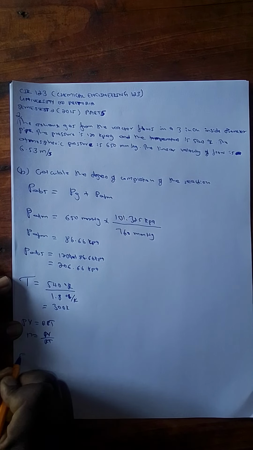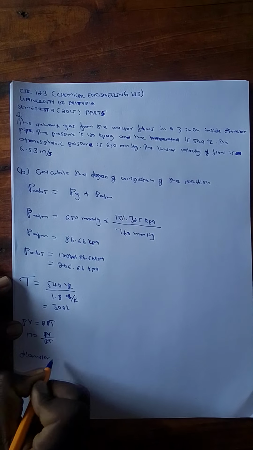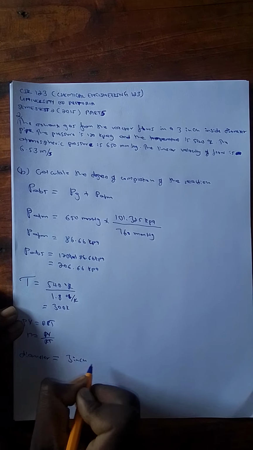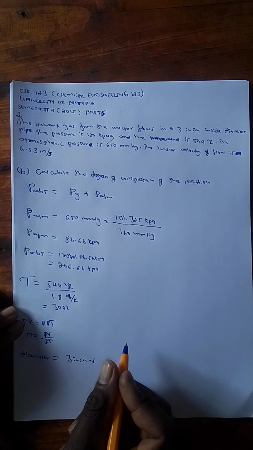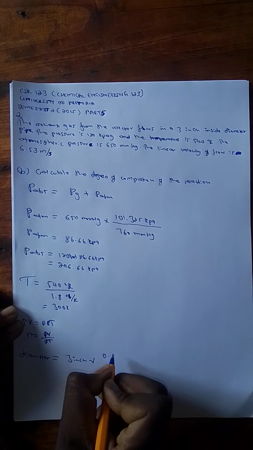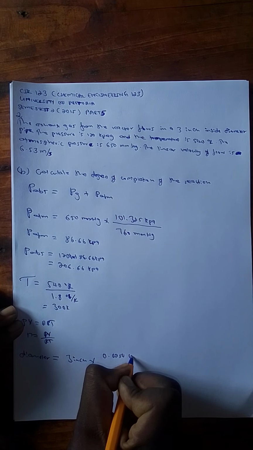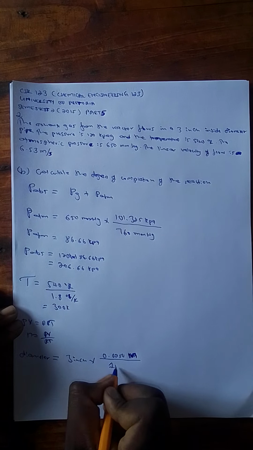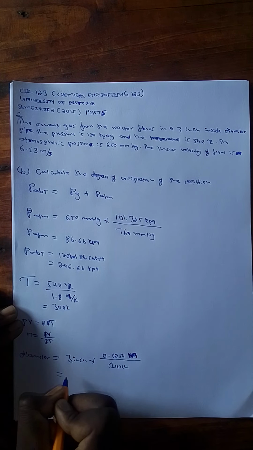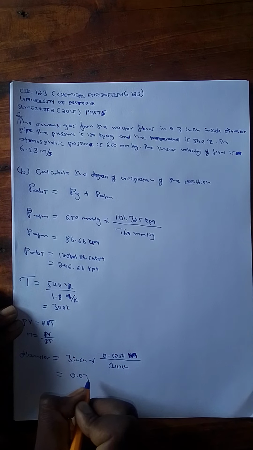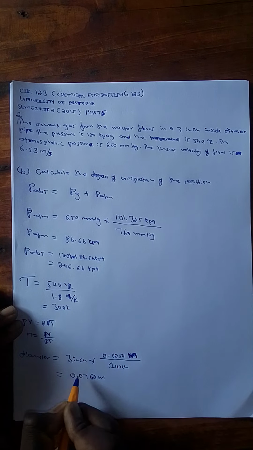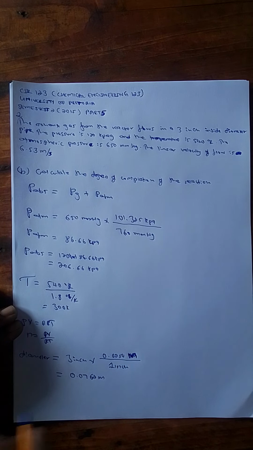We can say the diameter is equal to 3 inches multiplied by 0.0254 meters over 1 inch, and if you use your calculator, that gives you 0.0762 meters. So this is our inside diameter, and it will be easier to use a radius.